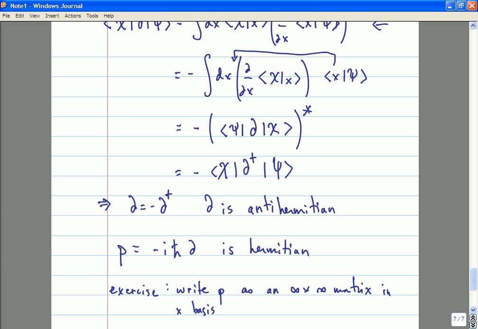So just think about how you would write it in the x basis. You'll have to think a little bit about how you would like to define infinite by infinite matrices. But it's a nice exercise in going between these different ways of thinking about Hilbert spaces. Any questions? No questions? Okay.